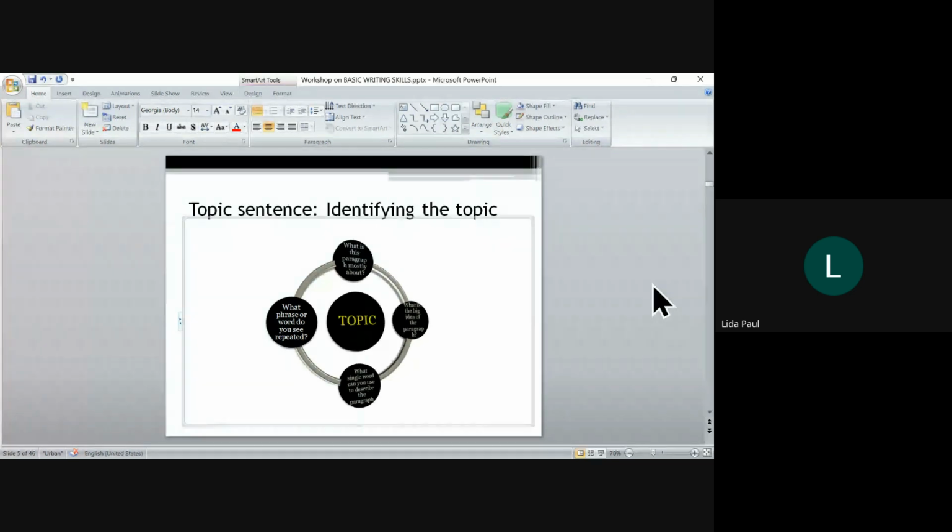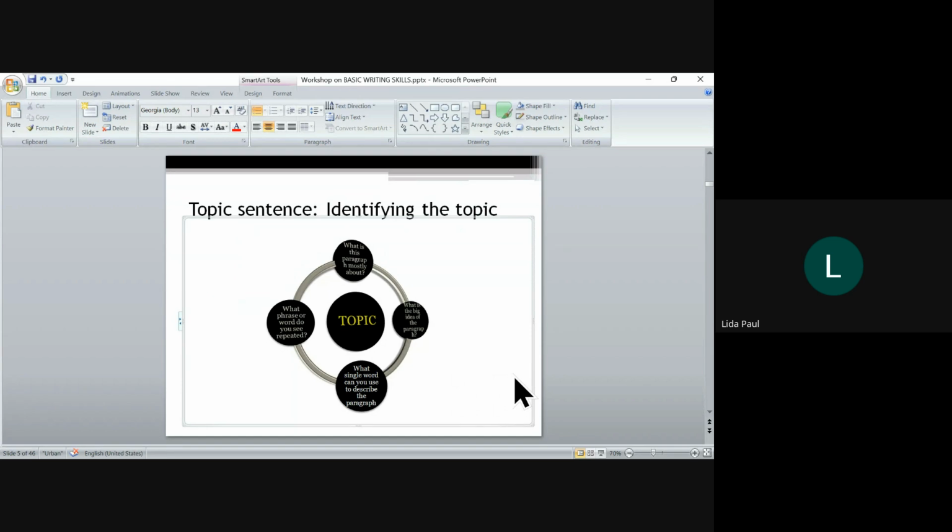This repetition is also like a strategy. We'll talk about it when we get there. But for the moment, you can look for phrases or words that are being repeated often in the paragraph, which serves as an indication that that particular phrase or word would be the topic of the paragraph, right?